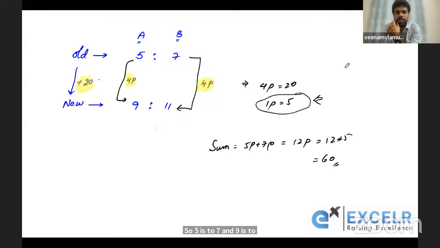After adding 20 to 5:7, it became 9:11. So there is an increase of 4 parts. Now you understood? Deepti, now you understood? Deepti, what about you?